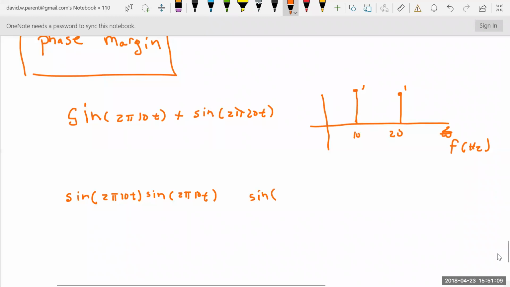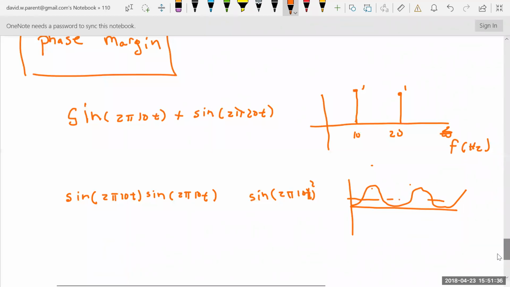Sine 2 pi 10t squared, right? Which is the absolute value of that, right? You know, I'm terrible at this, but notice the frequency doubles and there's a DC offset.